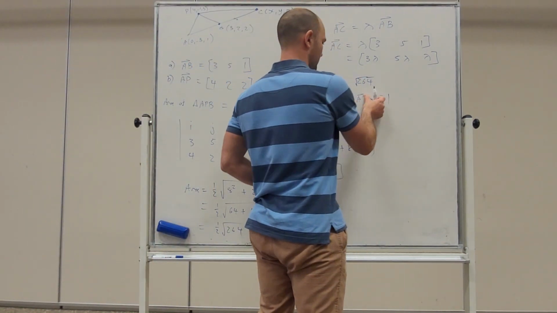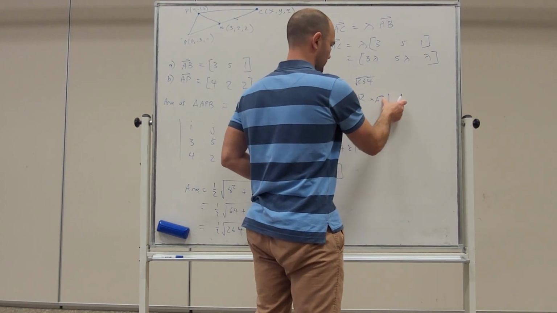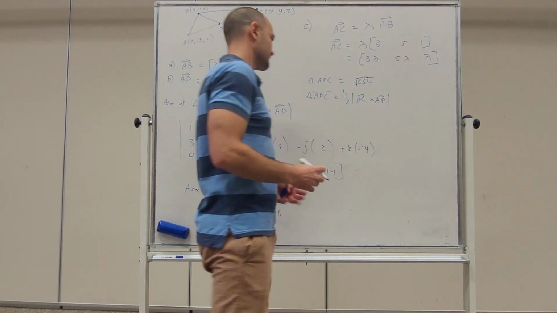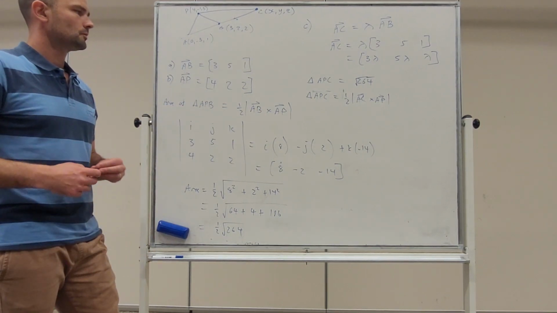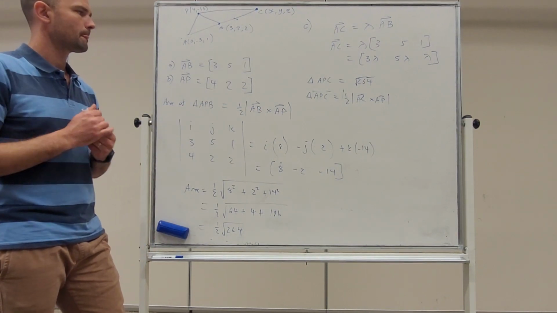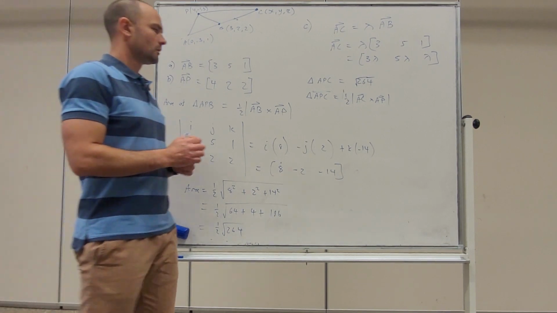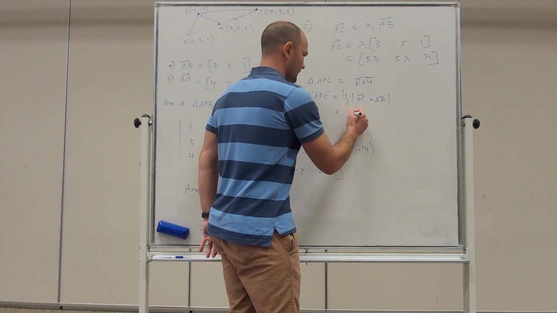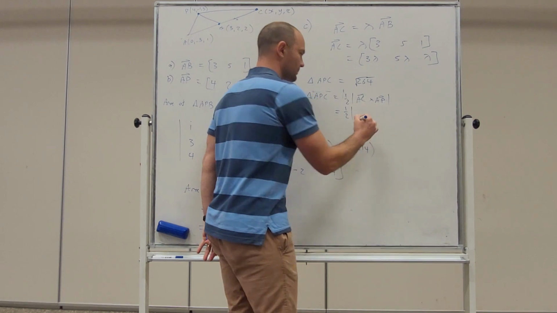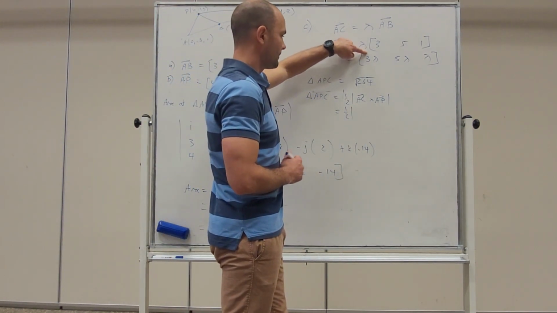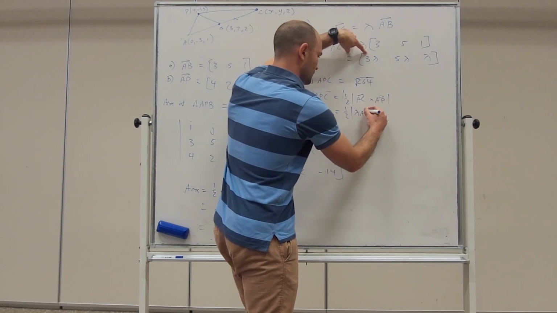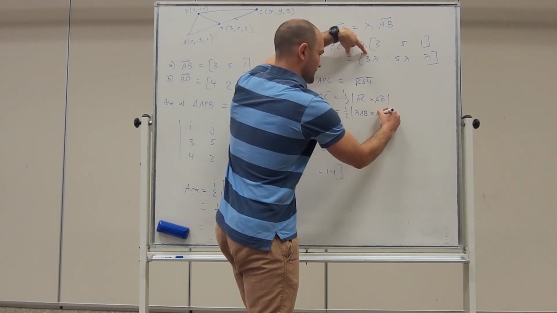I'm actually going to flip that around the other way so we can see the relationship with how we stated it initially: AC cross AP. Here's the best way to think about it. That means we've got half, and we've got lambda times vector AB cross vector AP.